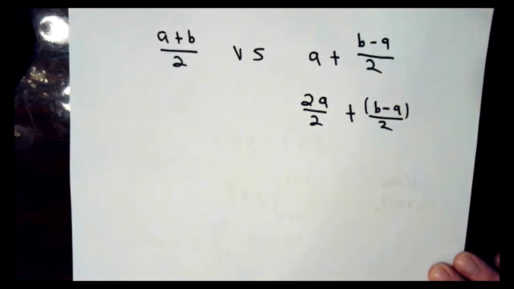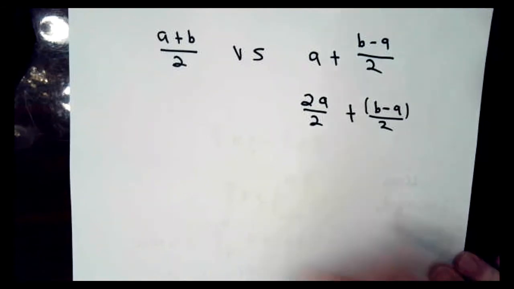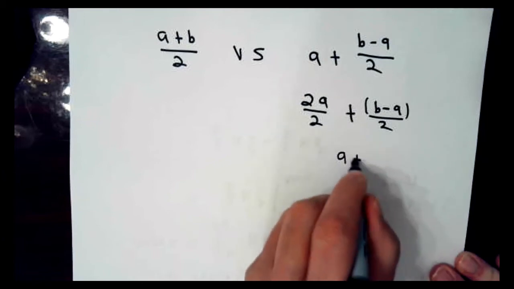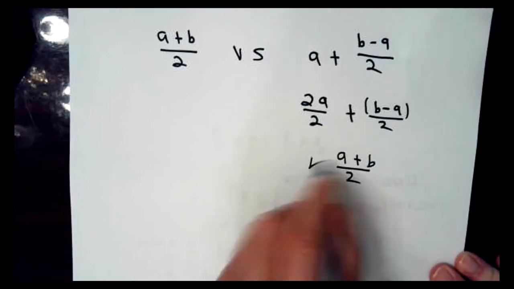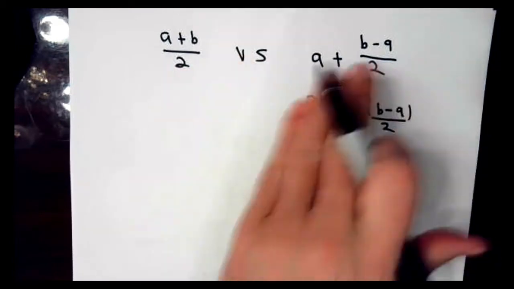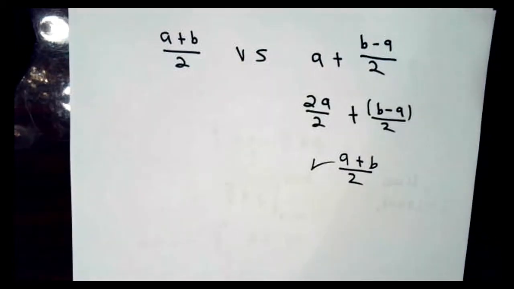When I add the tops together, I have 2 times a plus b, and then when I subtract the a, I have (a + b)/2. So these two things really are the same thing if we're doing exact mathematics, if we're doing exact arithmetic.